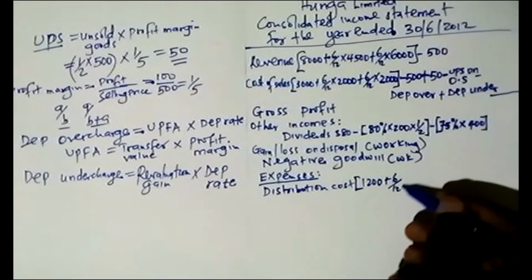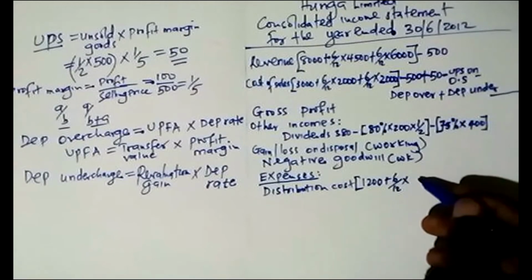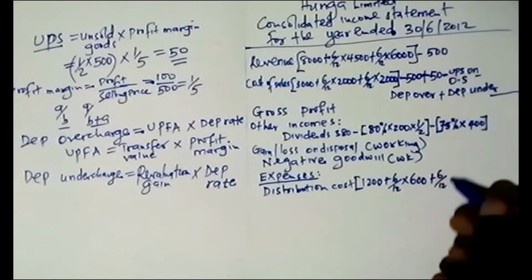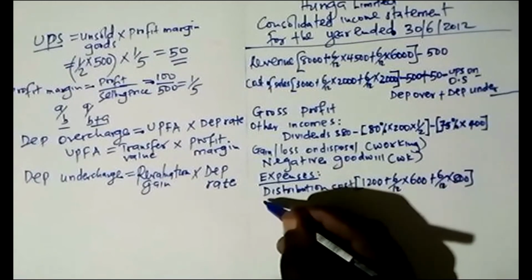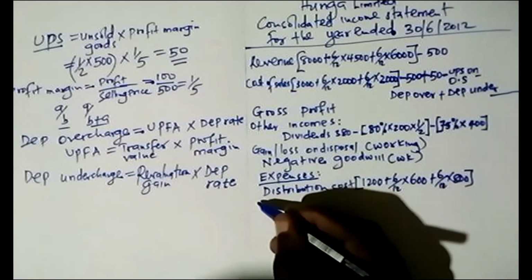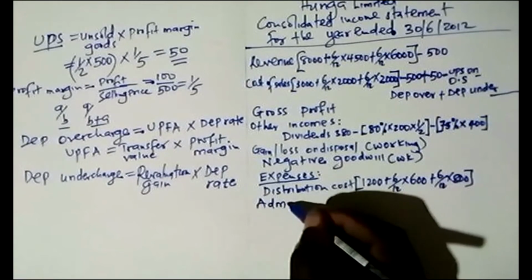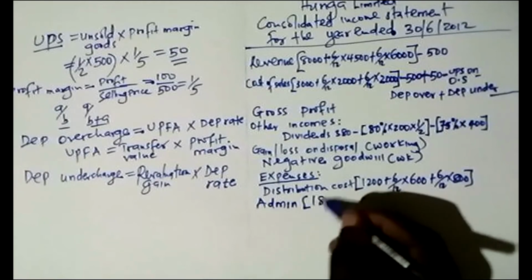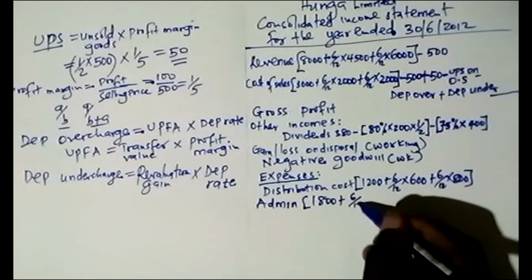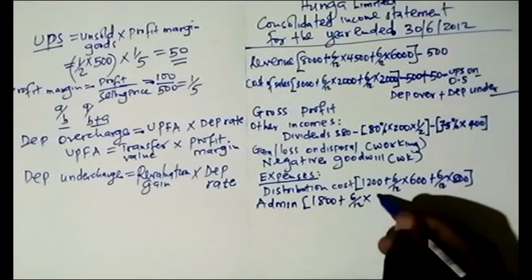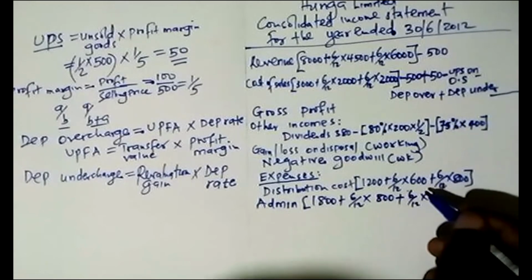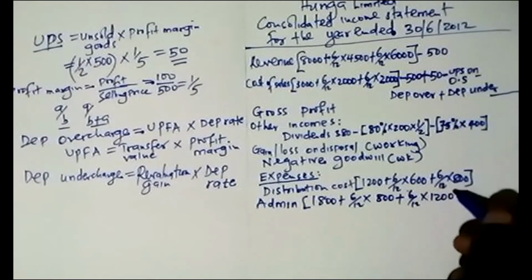Then we apportion: the subsidiary, Shika, was there for 6 months, so plus 6 over 12 times 800. Then admin, that is administrative cost: 1,800 plus 6 over 12 times 800 plus 6 over 12 times 1,200. That is 1,200.